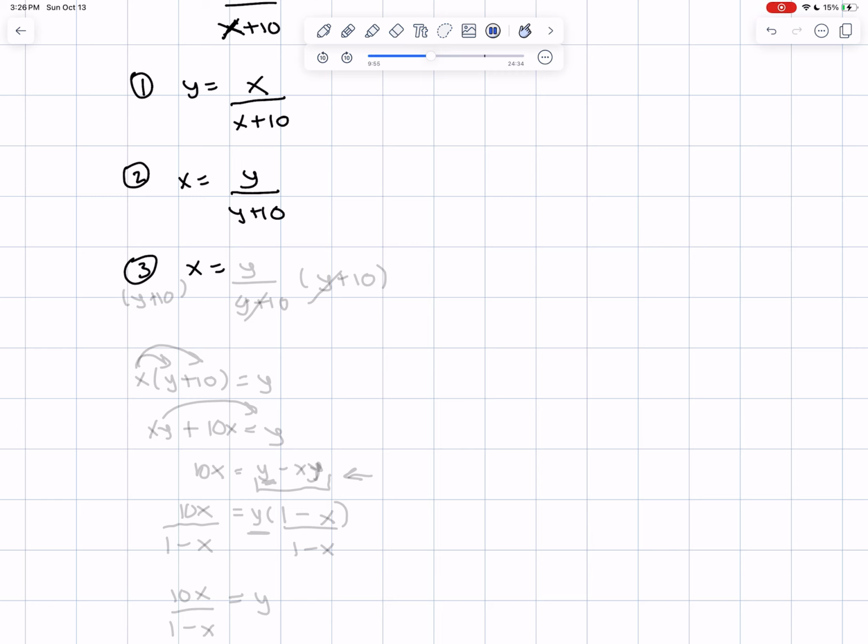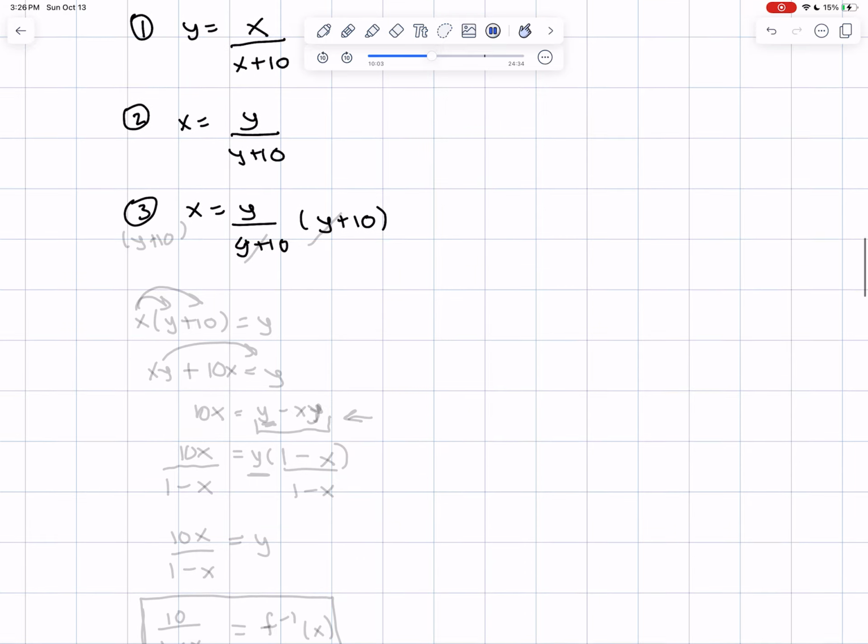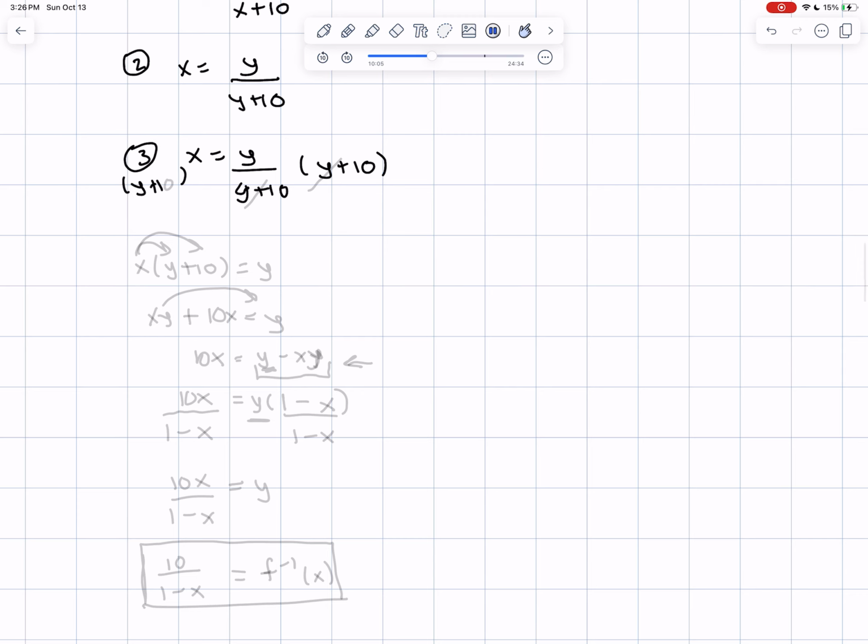So let's just focus on using the LCD. The denominator is going to go away on the right-hand side. I'm just going to write it like this. Distribute.